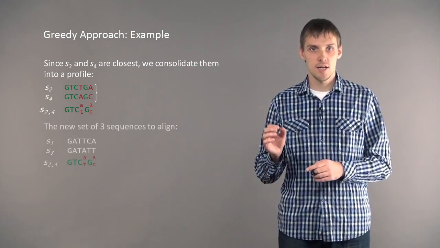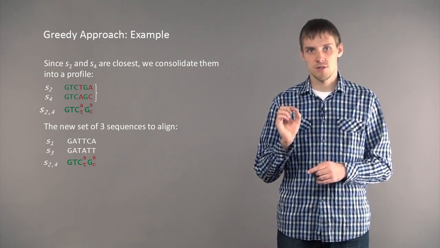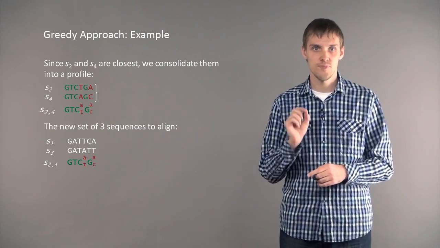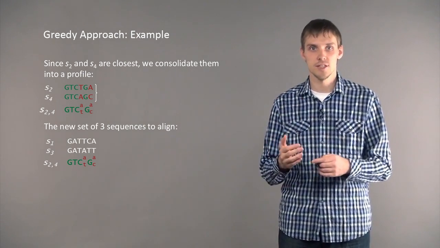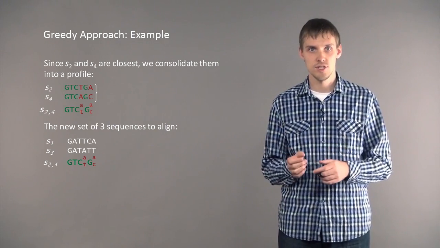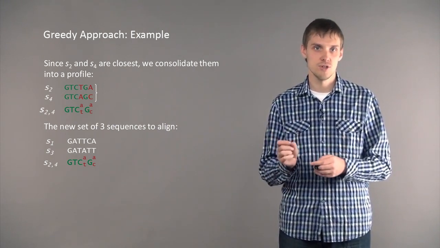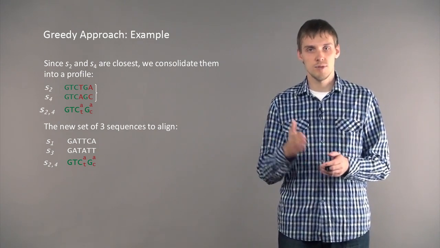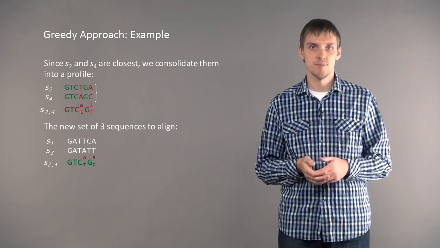Now we have a new set of 3 sequences to align: sequence 1, sequence 3, and the new profile. And we can iterate. We can construct pairwise alignments between each of these 3 sequences, find the closest and join them, and so on and so forth. And at the last step, we will get a single profile of multiple alignment.